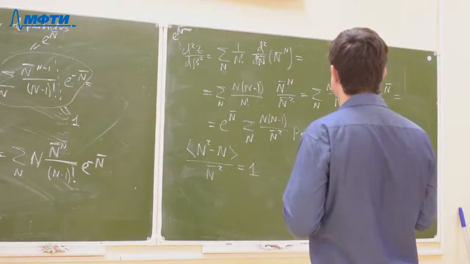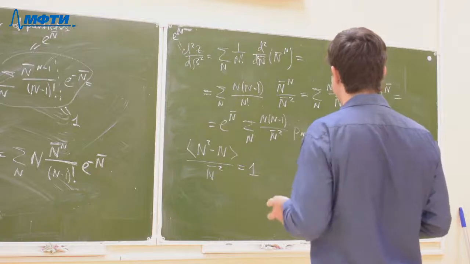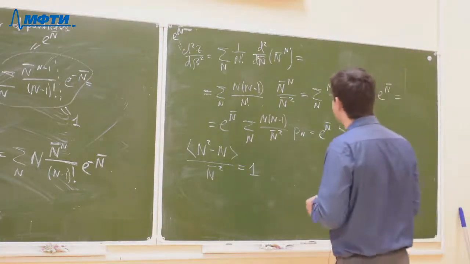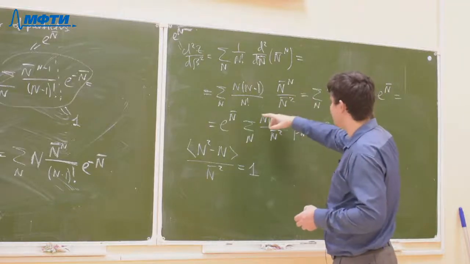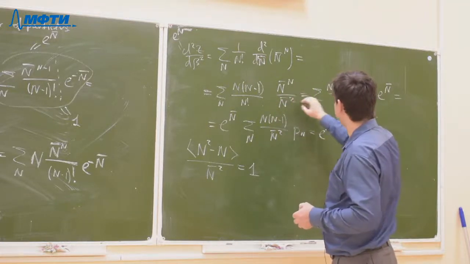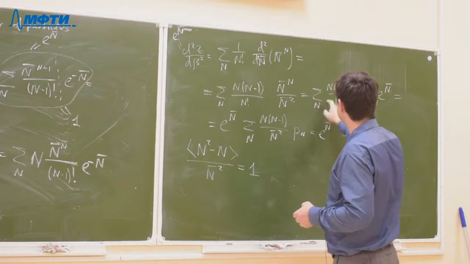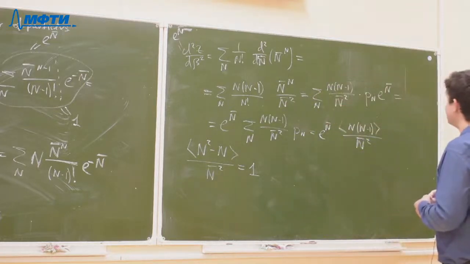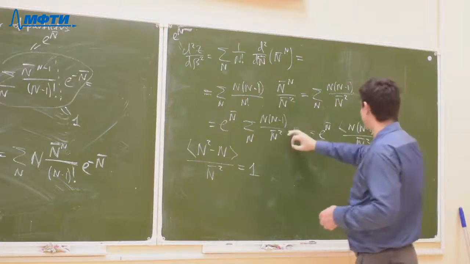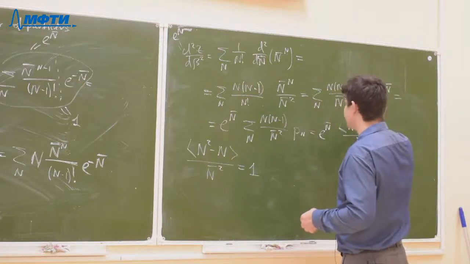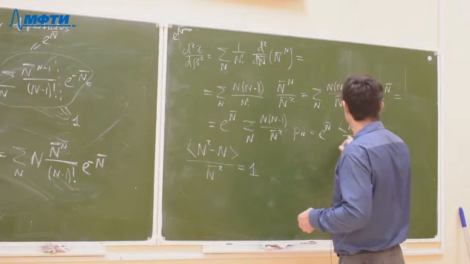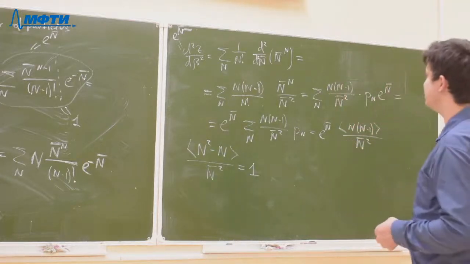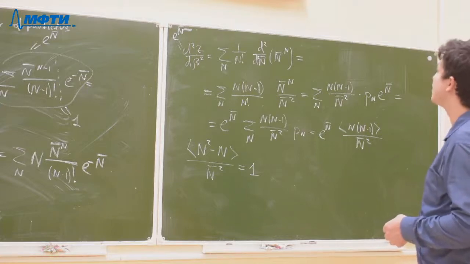So I take this derivative first, I get n, then I take the second derivative, I get n minus 1. And then I have the same sum, but for n equal to 1 and n equal to 0, this equals 0. Okay, I have this average. Well, nothing seems wrong here.